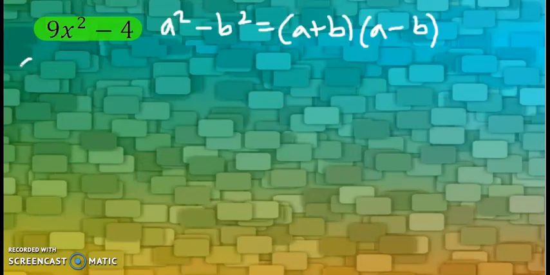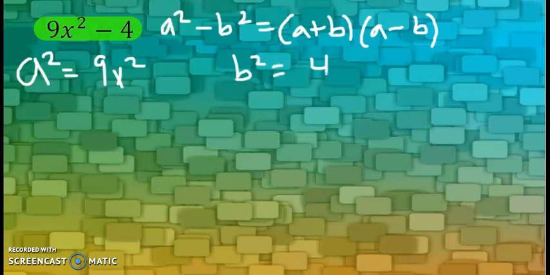Let's do one more example. 9x squared minus 4. So let's identify a squared and b squared. a squared is the first term. We have 9x squared. b squared is 4. Let's take the square roots to find a and b. The square root of a to the second power is a because half of 2 is 1.